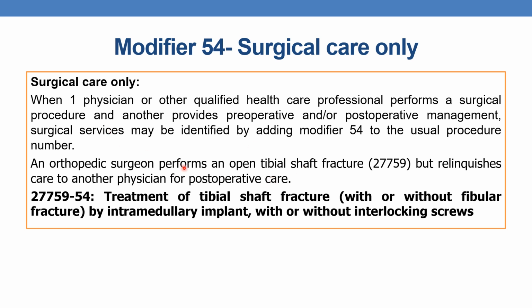So the surgeon should append 54 modifier along with the procedure code, that is 27759 along with 54 modifier. 27759 is nothing but treatment of tibial shaft fracture with or without fibular fracture by intramedullary implant with or without interlocking screws. So 54 modifier means surgical care only.